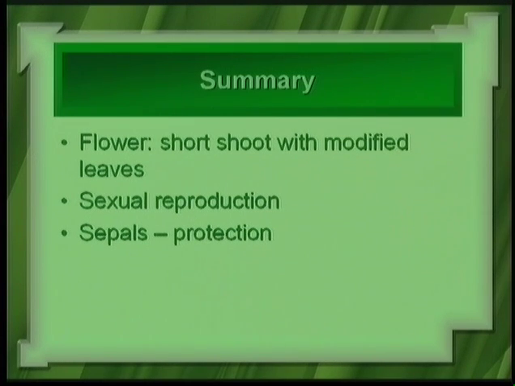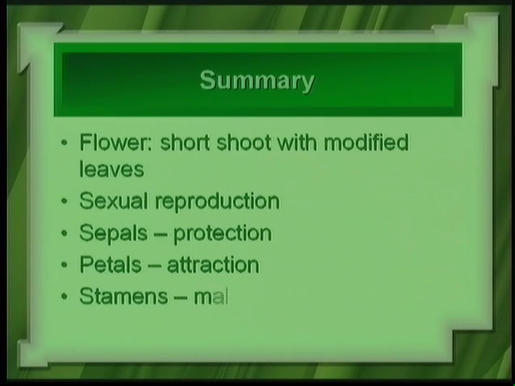We talked about the fact that sepals function in protecting the flower while it's in bud. The main function of the petals is to attract a pollinator. The stamens are called the male part of the flower. They're made up of anther and filament, and they produce the male gametophyte, and the male gametophyte produces a sperm.